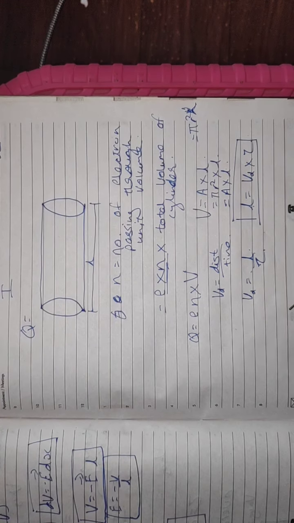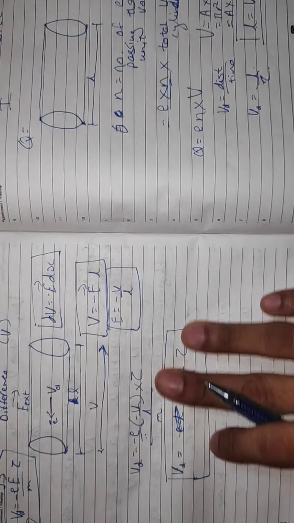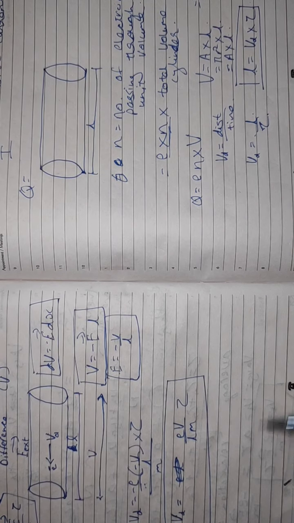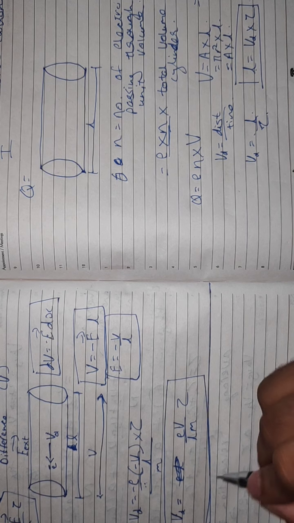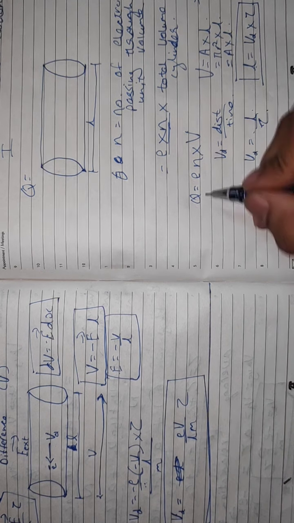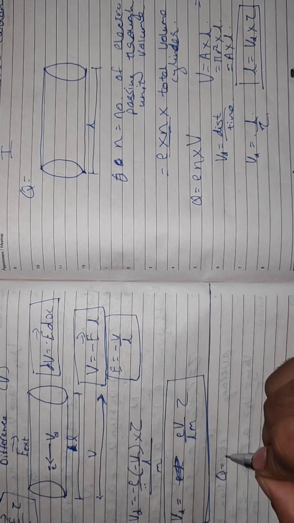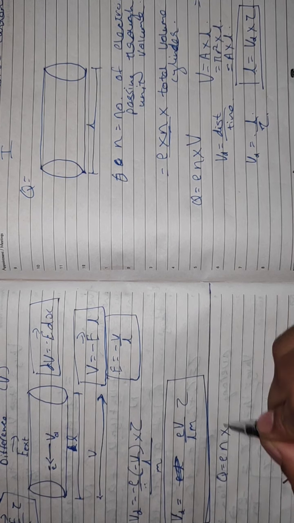Let us take it over here only so that you can look at both the things. We have very small space, but we'll still try to put it. So Q equals e n into volume.